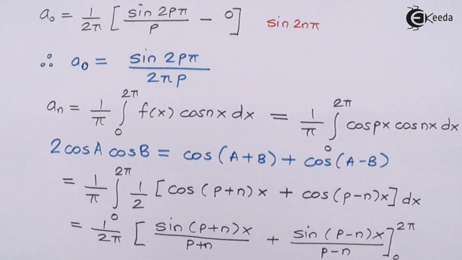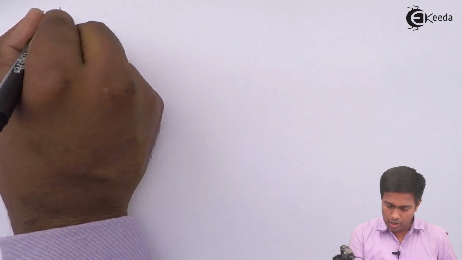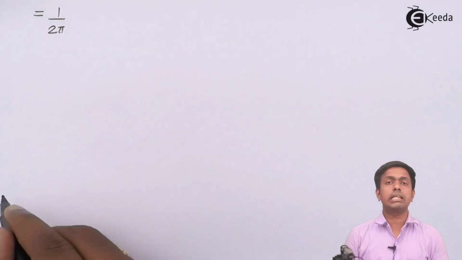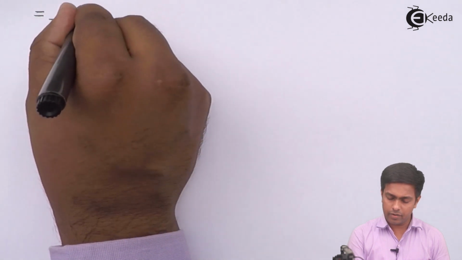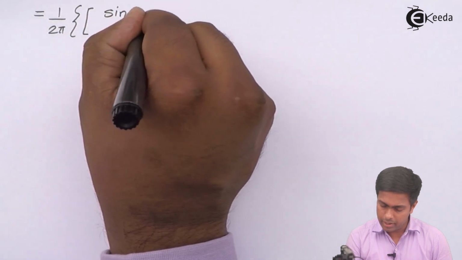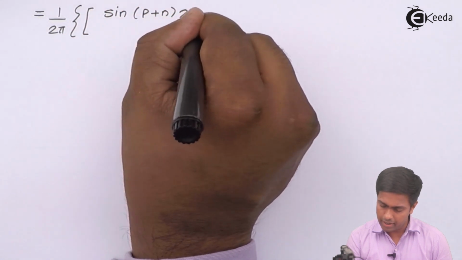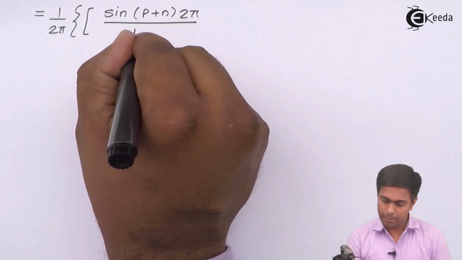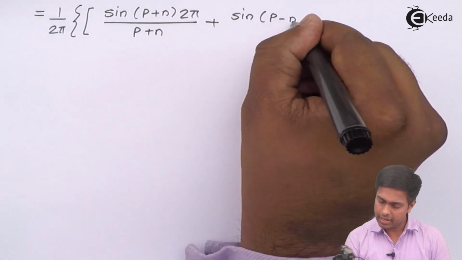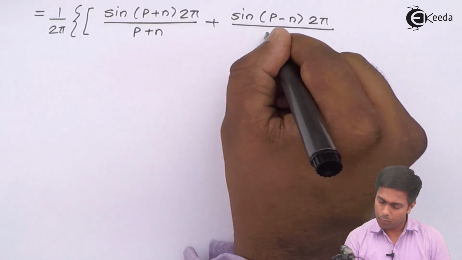Now guys, let's put the upper limit and lower limit over here. So the upper limit is 2 pi, so we'll get 1 upon 2 pi. Now we'll write down the values in curly bracket. In the curly bracket the first value will become sine of (p plus n) into 2 pi upon p plus n, plus sine of (p minus n) into 2 pi upon p minus n.